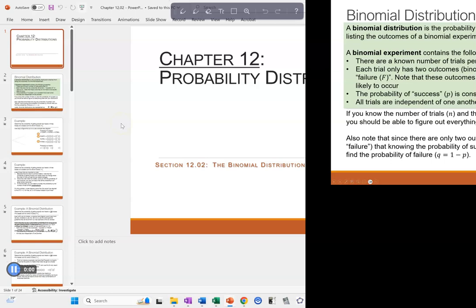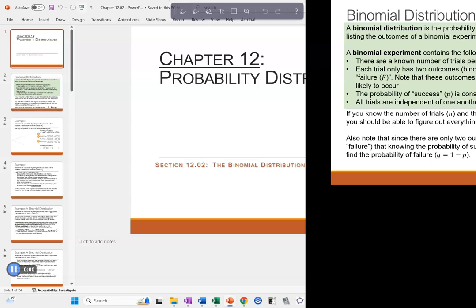So lots of real world events can be modeled with a binomial distribution. For example, if you're a basketball player and you're a 78% free throw shooter, you can find the probability that you make 10 free throws in a row.